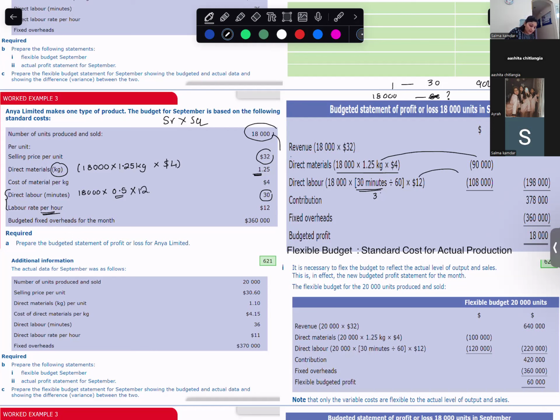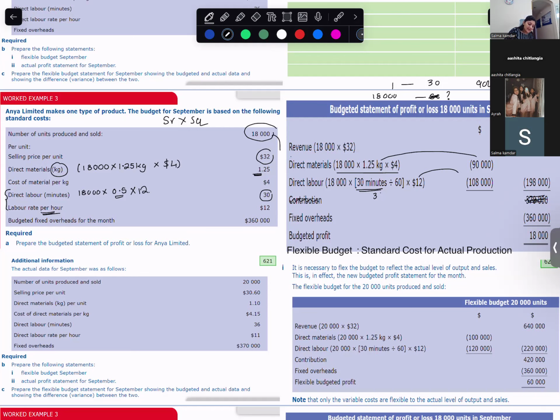You don't need to calculate contribution because you're making the budgeted statement of profit and loss. This is just another way. They have not asked you about the marginal costing method or anything. So revenue minus direct costs minus the overheads.